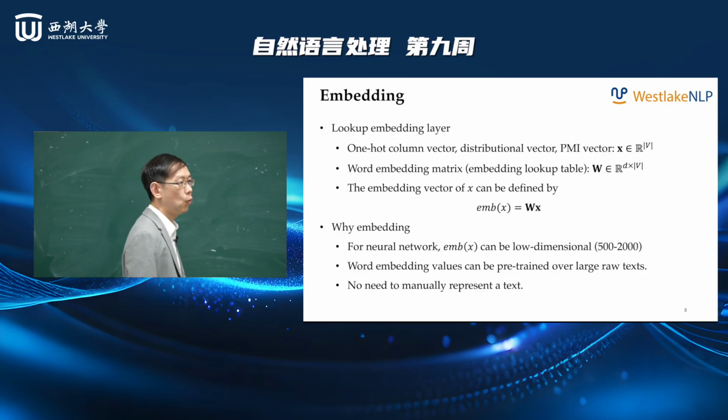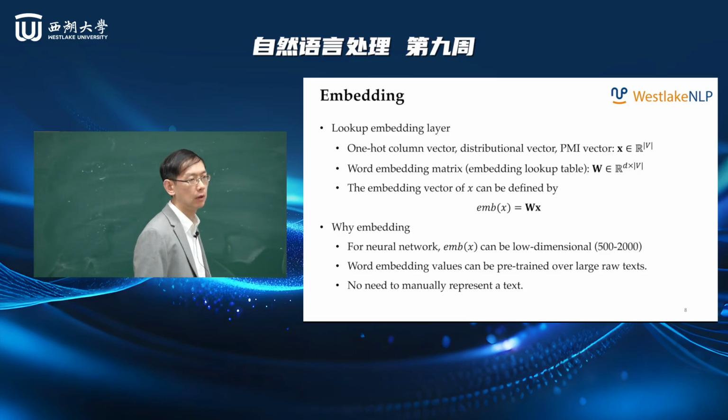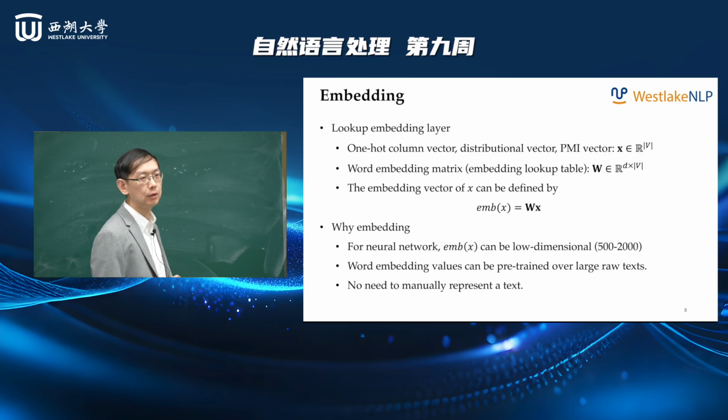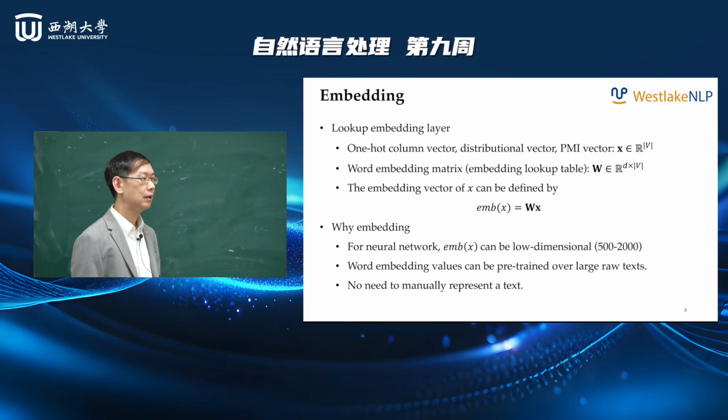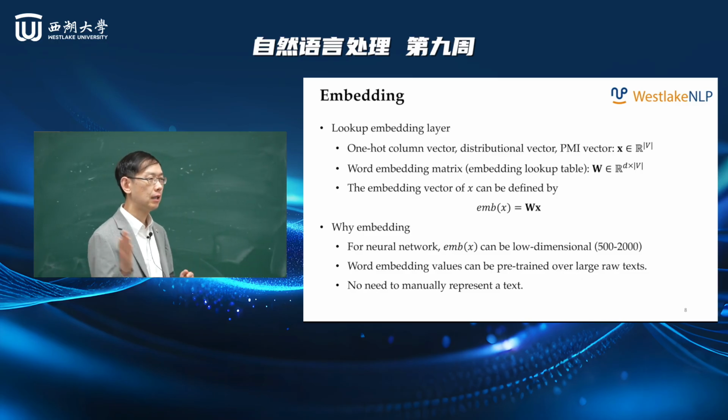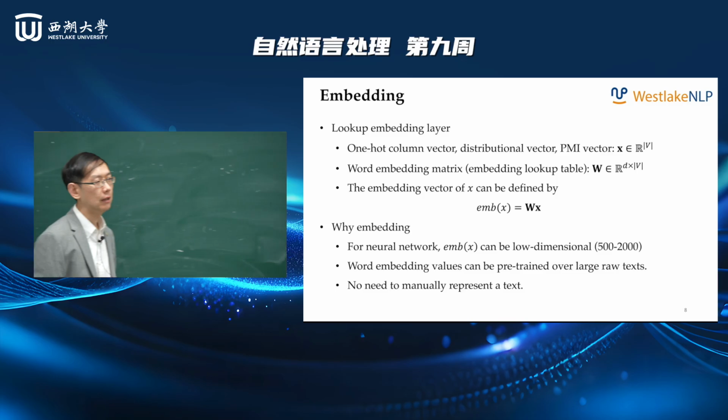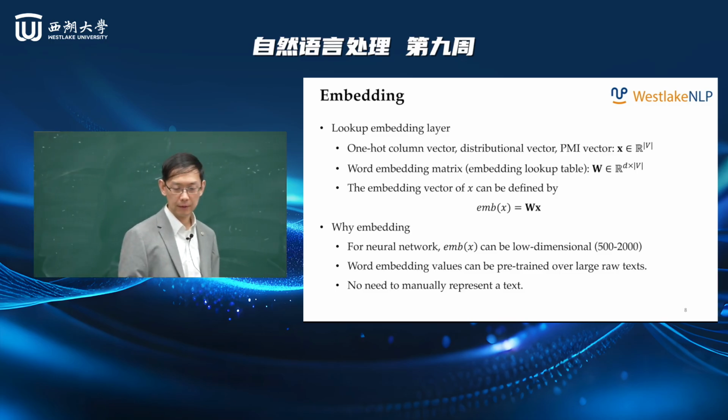If we have a one-hot representation of a word, X, we put it into a neural embedding layer. Or we can also understand that as multiplying it with an embedding lookup table, and we turn that into a dense vector.